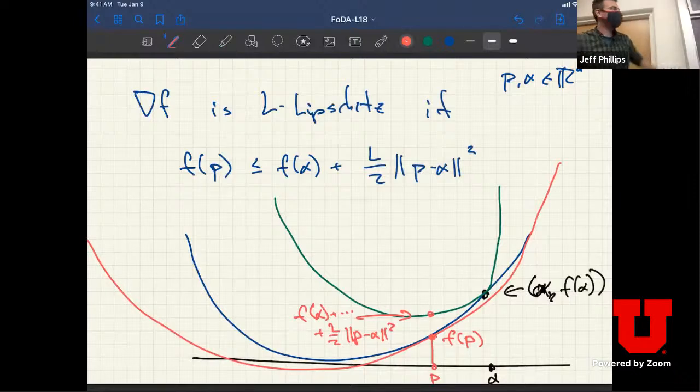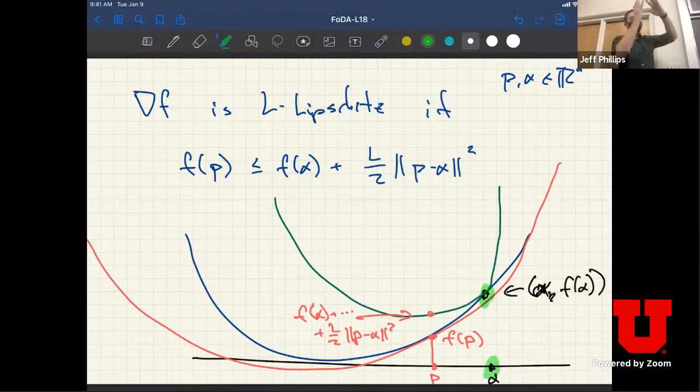The eta is the counterpart to this L, but it tells me the function sits underneath. It means that for every point alpha, I can sandwich the blue function, which is what I want to optimize, in between a green function and the peach function.